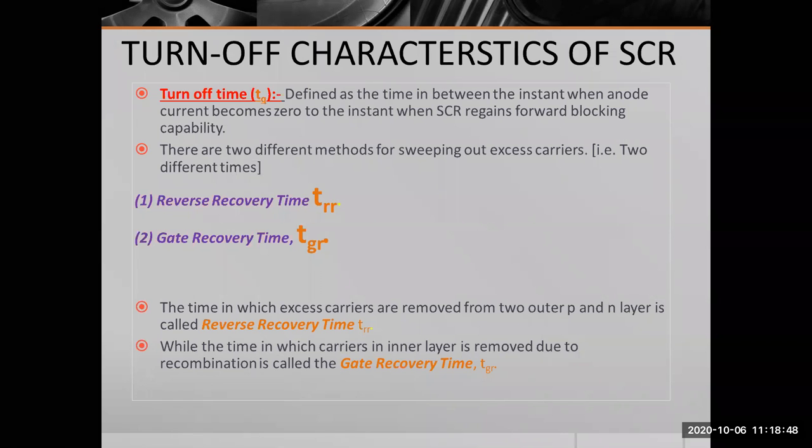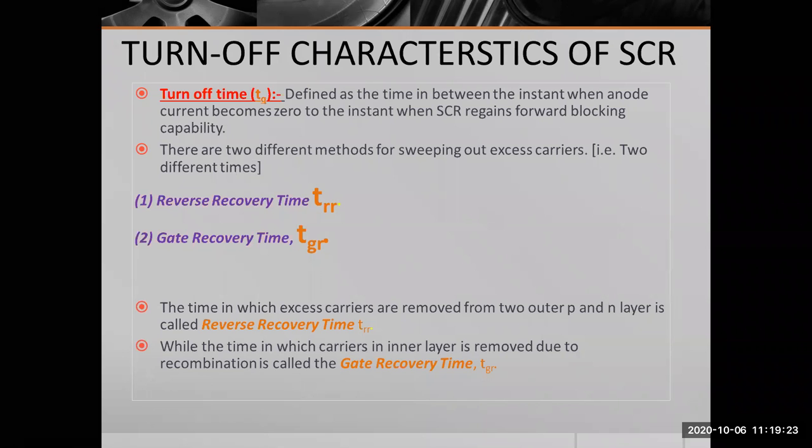So anode current automatically decreases and comes to 0 value. That means there is no need of any additional circuit to decrease anode current. This will happen only when the SCR has an AC supply. Then anode current will automatically turn to 0 value, at 180 degrees and 360 degrees.